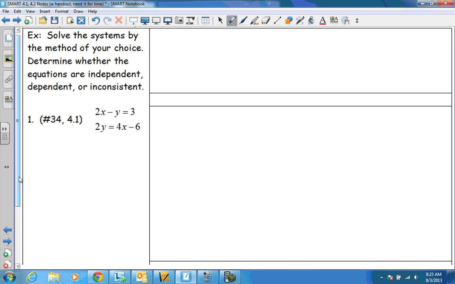Any way you want. This is a word problem. I put my notes in the wrong order, okay, guys? We will get to the word problem. Right here. Go. Work. Try it, and then we'll talk.